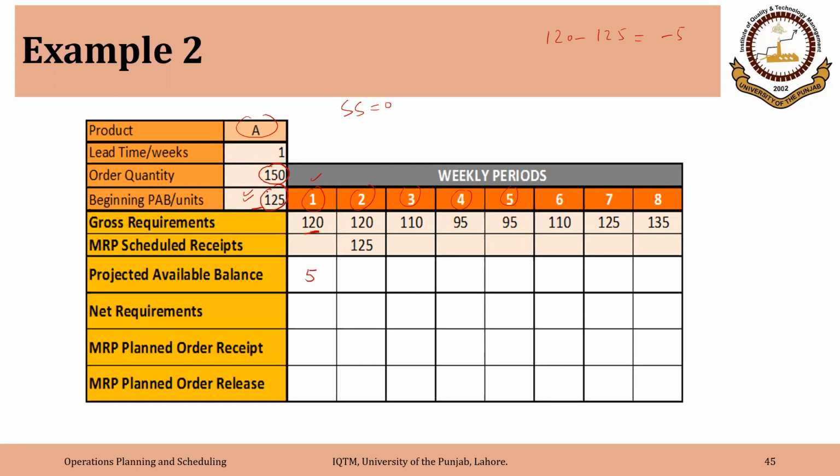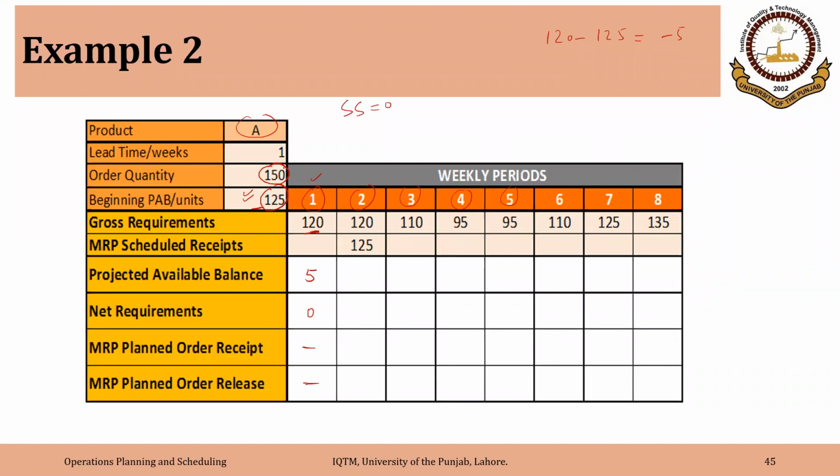So that is simple, 125 minus 120 is 5. So we will be left with 5 components. So there will be no planned order release or receipt in the first period, and we can say that the net requirements are zero. There are no net requirements.